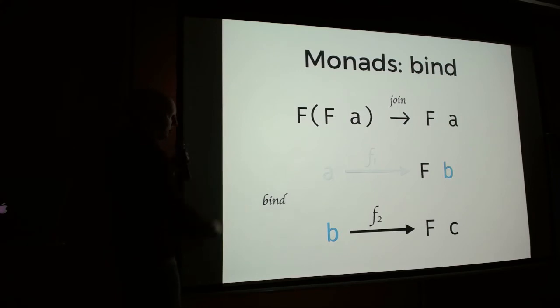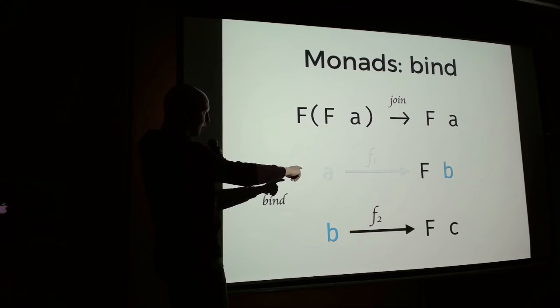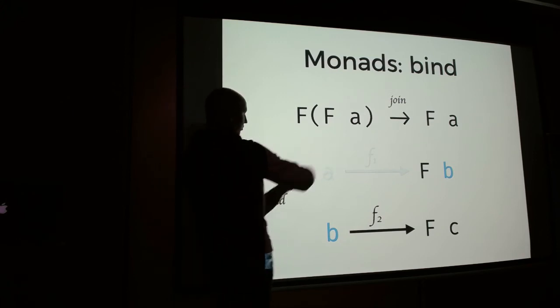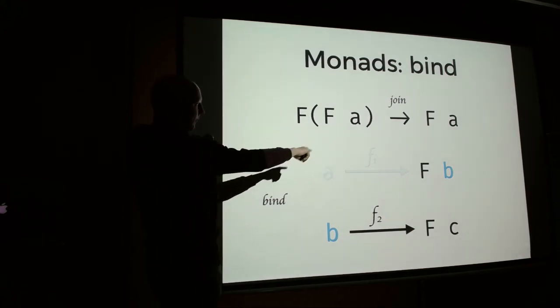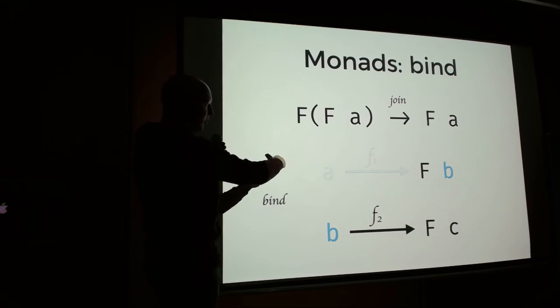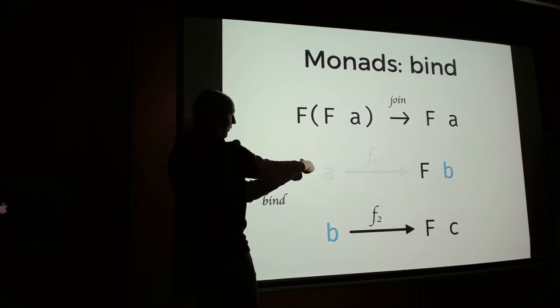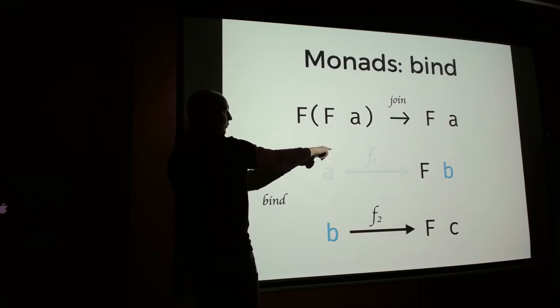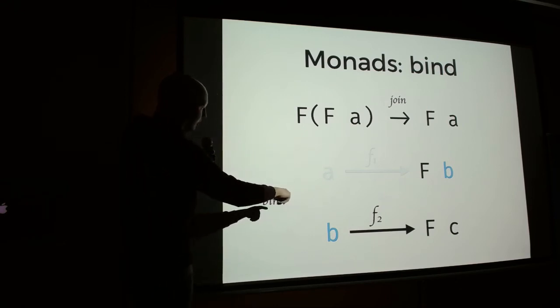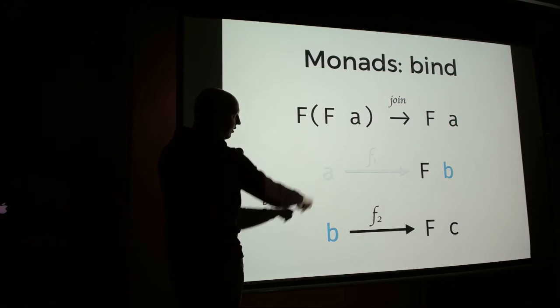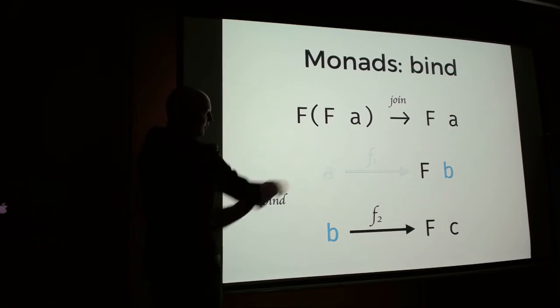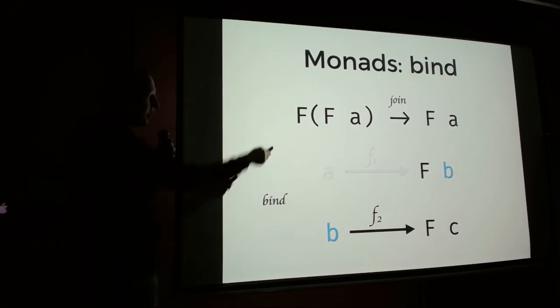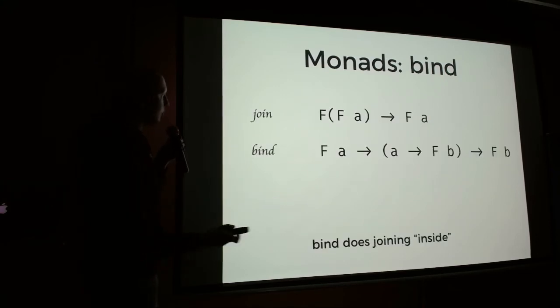You use the bind function that goes from FB. So you already have the result of the previous function. You already have the return type F1, and you just then apply a function from B to FC to FB, and you get FC. So you go kind of directly from FB to FC. So that's how the signatures of those functions look.